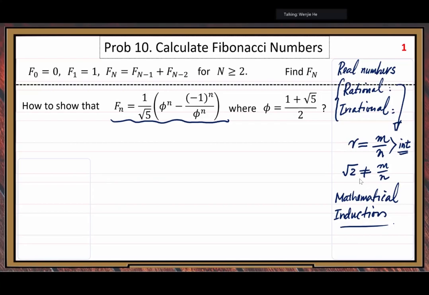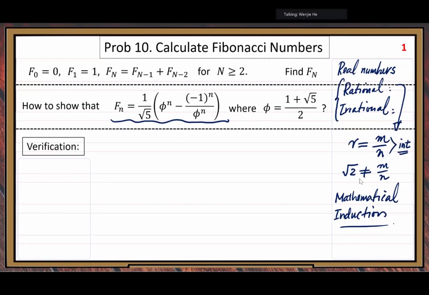That's very easy. So we can quickly do the verification. When n equals 0, it's trivial. So phi to the 0 is 1, minus 1 over 1. So the whole number inside parentheses must be 0. So it's 0. It's correct.